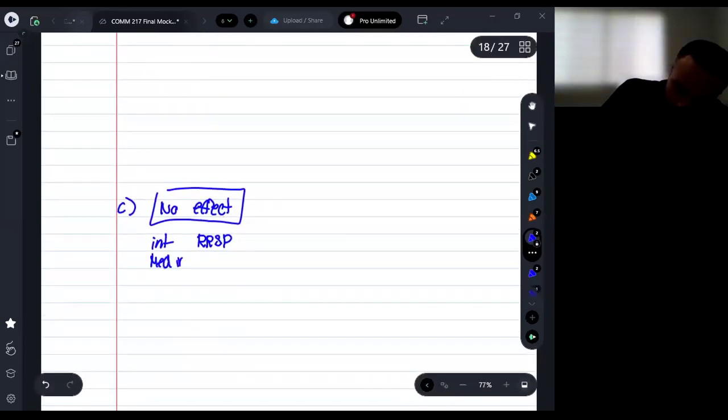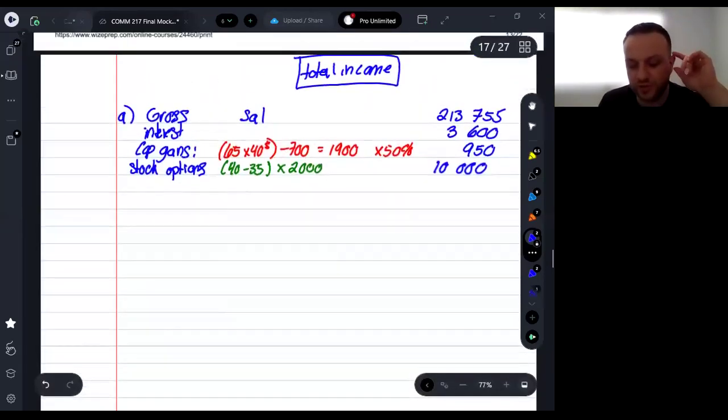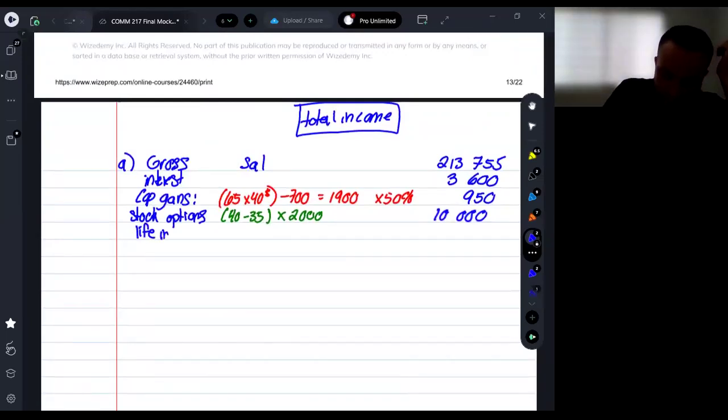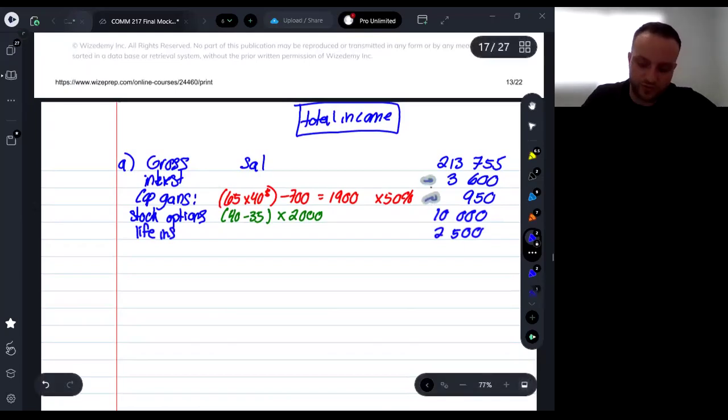So medical insurance and dental insurance both have no effect. But life insurance, we're going to be taxed on. They add it to your salary, right? That's exactly what it means to be taxed on something. They take the value and add it to your salary and all the other income you have, like interest, capital gains, stock options, whatever.